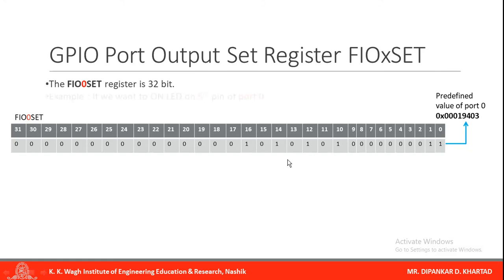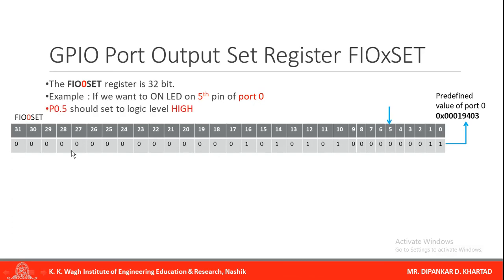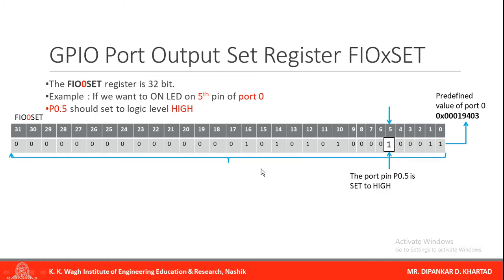So what do we want to do? If we want to turn on an LED on the 5th pin of the port, we have to set this pin. How? P0.5 should be set to logic level high. The port pin 0.5 is now set to high logic level. If you find out its hex value, it will be like 0x00019423.